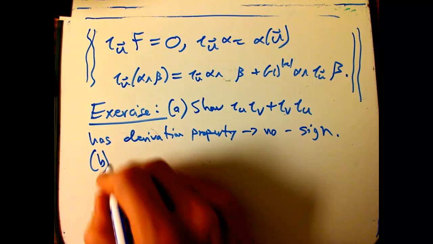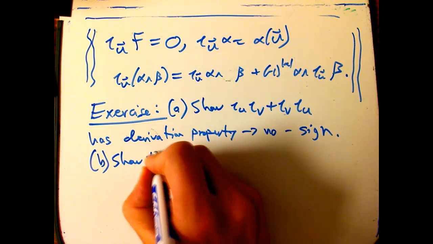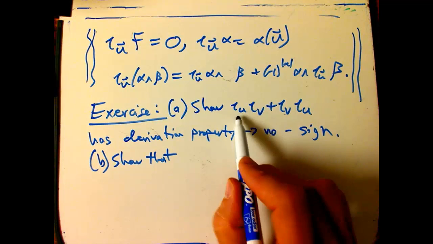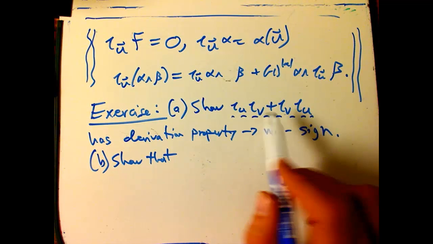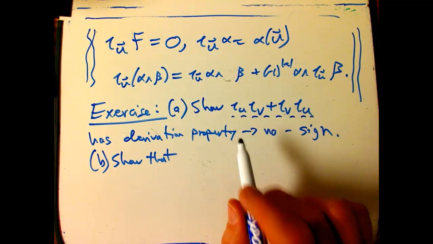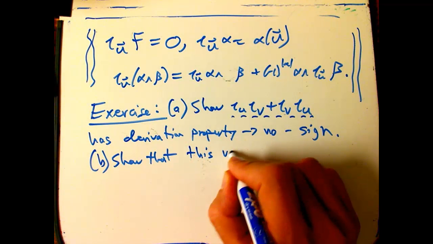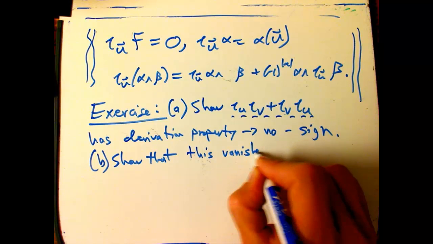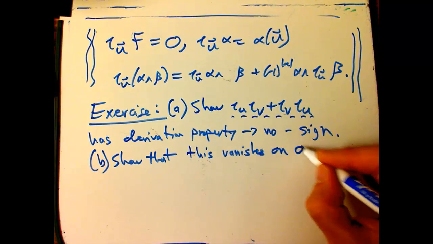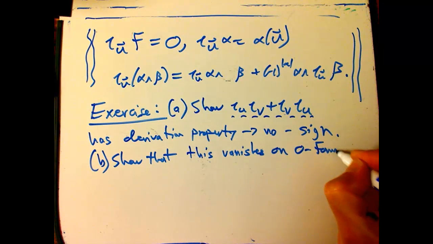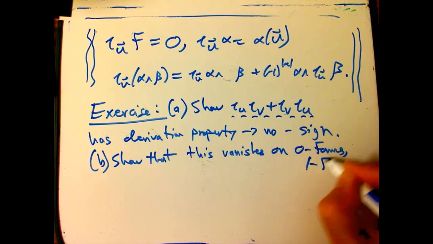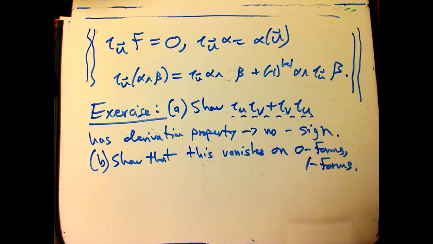Part B. Show that this particular combination, this anti-commutator, this symmetrized combination of IU and IV, vanishes on both 0-forms and 1-forms. That's actually really easy to show if you think about what degrees these things have.